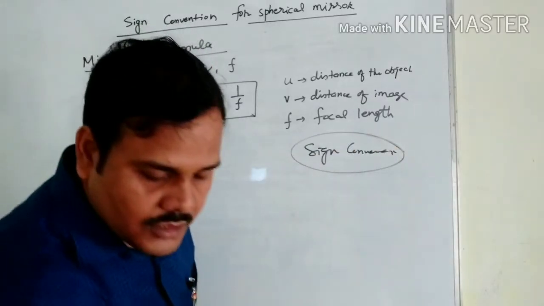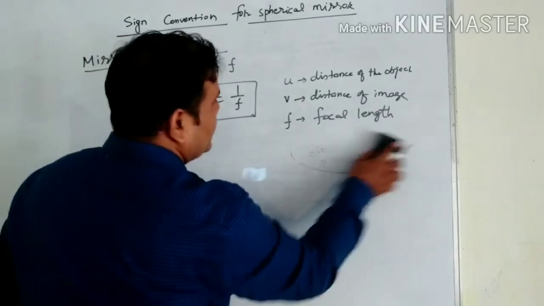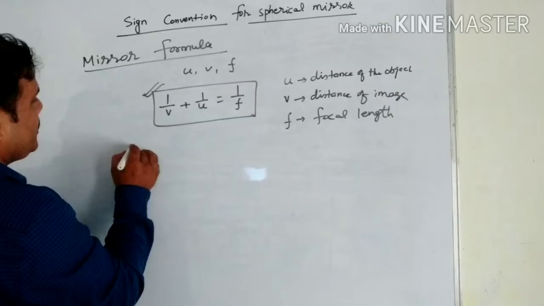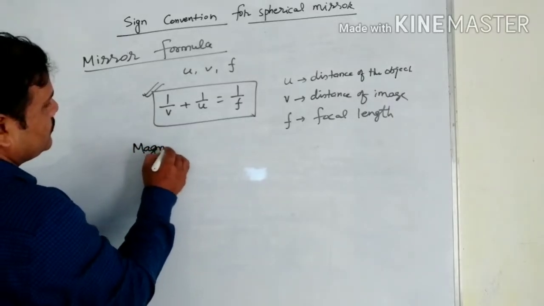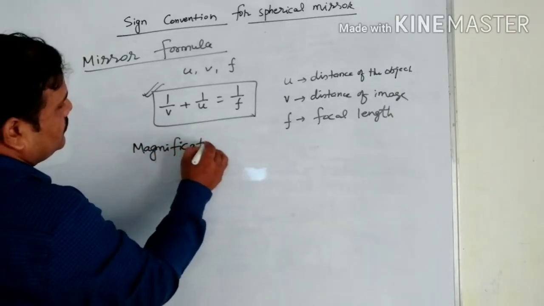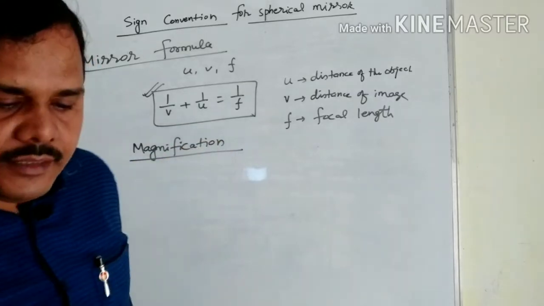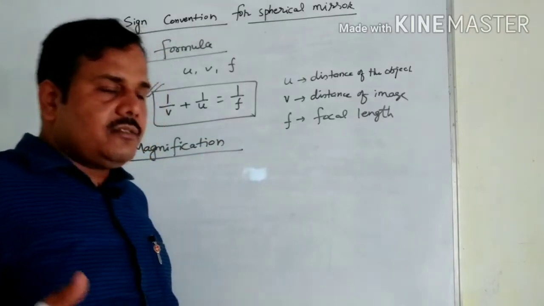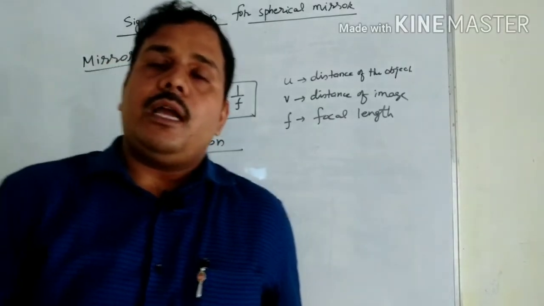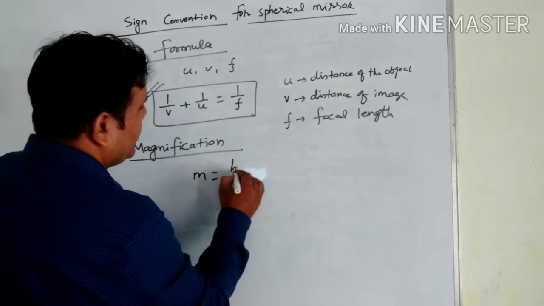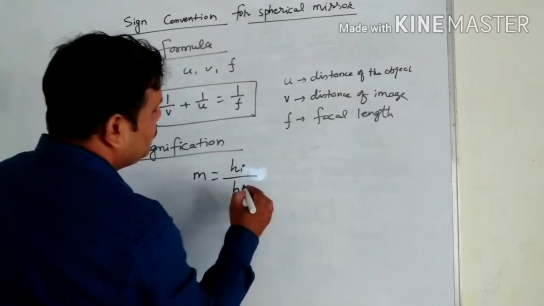After that, here is one relation, called magnification. What is magnification? Magnification is the relation of the height of the image to the height of the object. So we write m equal to height of image by height of object.